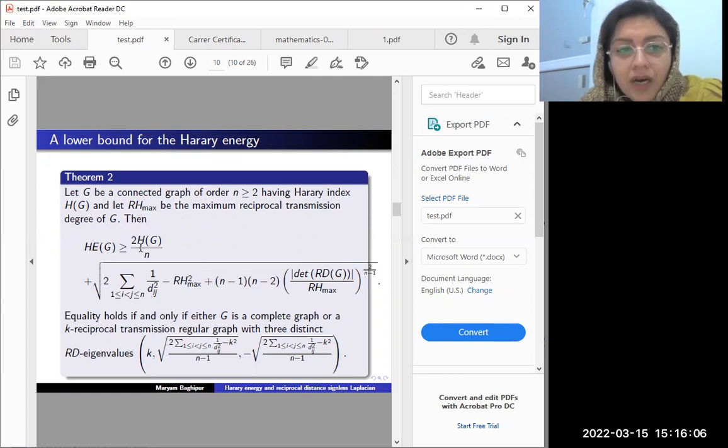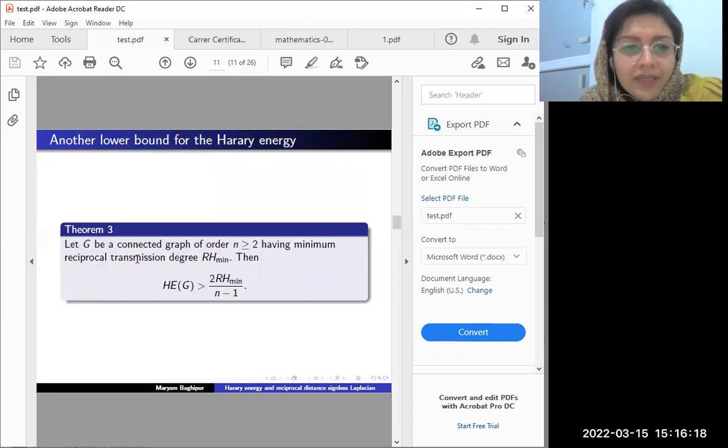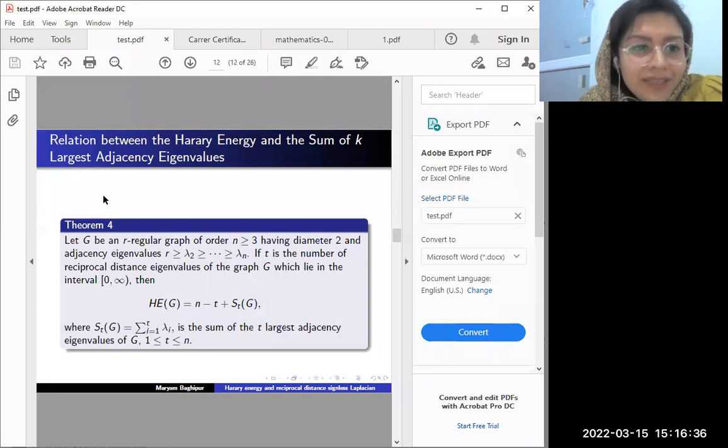That's why we obtain a lower bound in terms of the maximum reciprocal transmission, and we also characterize this graph. We obtain some other results, in fact a simple lower bound for Harary energy in terms of n and the minimum reciprocal transmission degree.